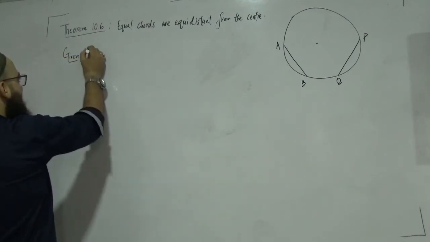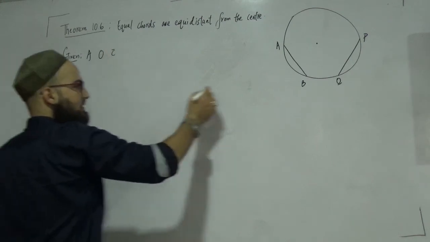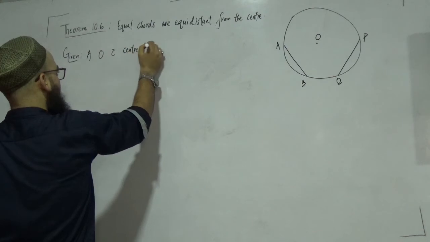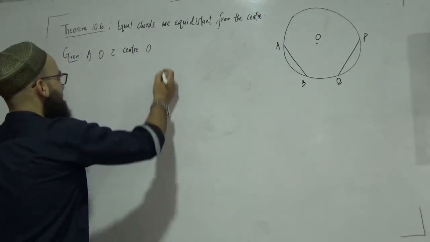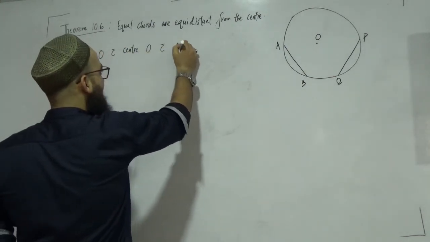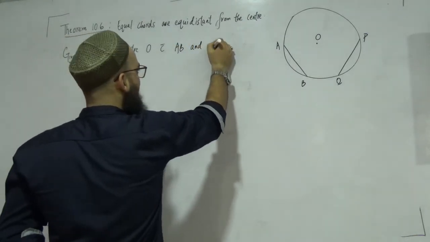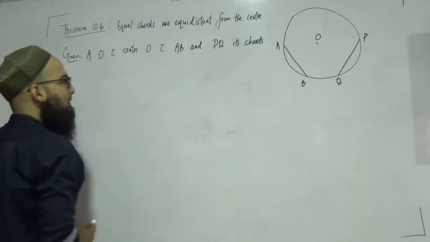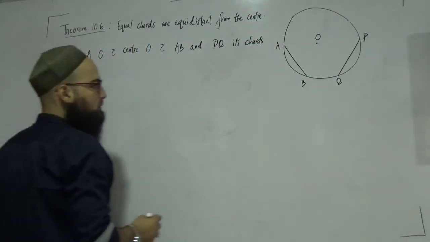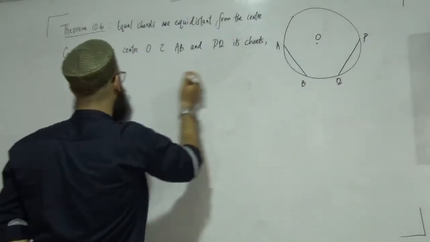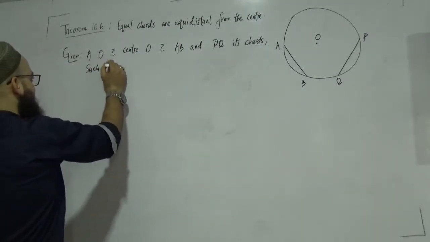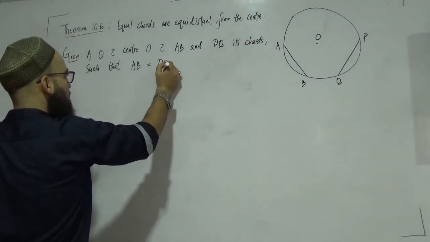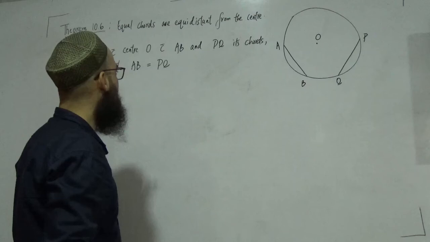A circle with center O, with AB and PQ its chords, such that AB is equal to PQ.